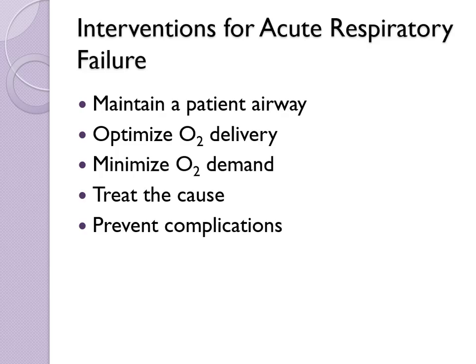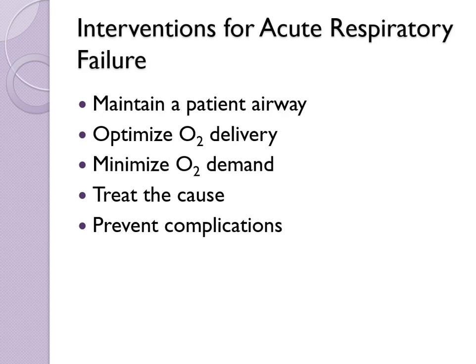Minimize O2 demand. Bed rest. These patients don't need to get up and go to the bathroom. They can use a bedpan. We need to minimize how much oxygen they're using because they don't have enough just laying in the bed. So I need to make sure that we are not using all their oxygen. I want to make sure that I've got a PaO2 higher than 60. I want that O2 sat higher than 95.